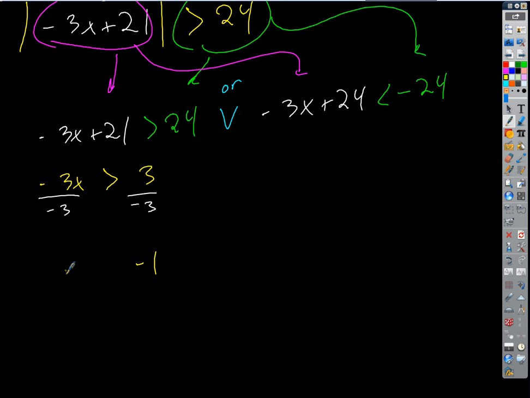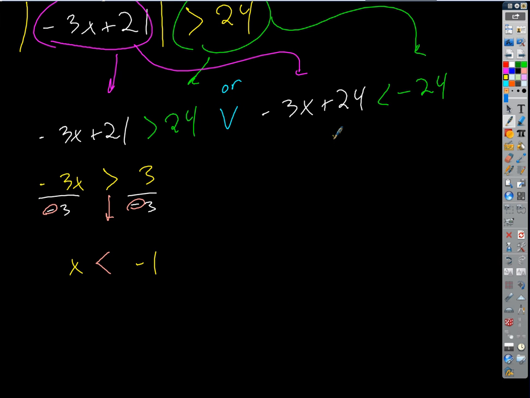What do I get over here? X. What happens here? I've got to be careful. I divided by a negative. What do I have to do to an inequality if I divide by a negative, or multiply by a negative? I've got to flip the sign. So there's one solution.